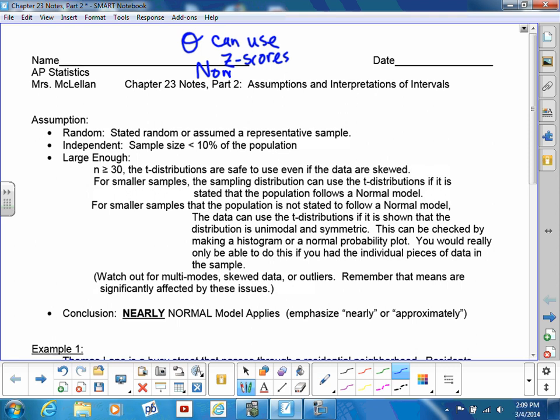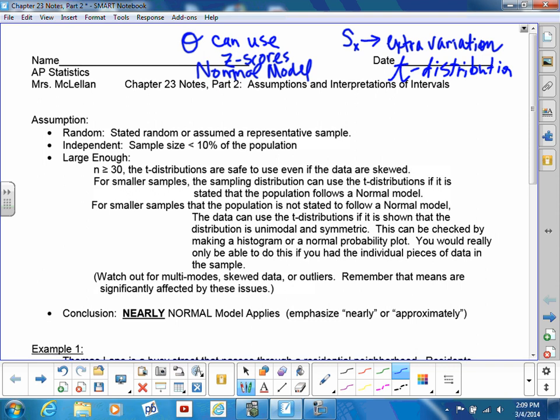But that's the thing that we don't have, because in most cases, we have the sample standard deviation. So this is the reason that we have extra variation, and that's the reason that we have to use t-distributions as opposed to the normal curve, okay? So just clarifying it, keeping that in mind for you.